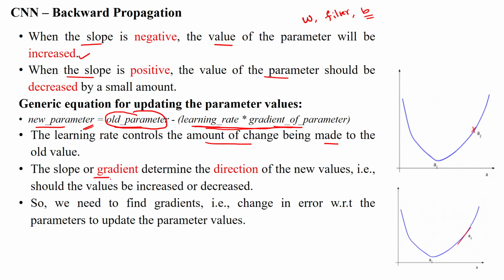Here the slope or gradient is determining the direction of new values. That means either that parameter value is decreasing or increasing. So we need to find the gradients to change the error. That means to reduce the error with respect to parameters which are available in the network by updating these parameters using the gradient descent technique.